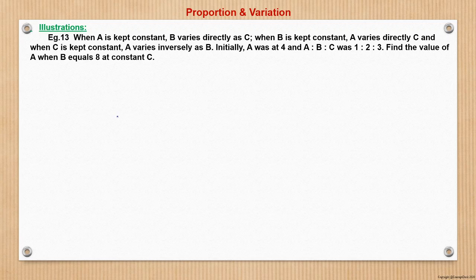Now when a is kept constant, b varies directly with c. That is, b varies directly with c when a is constant, and when b is kept constant, a varies directly with c.